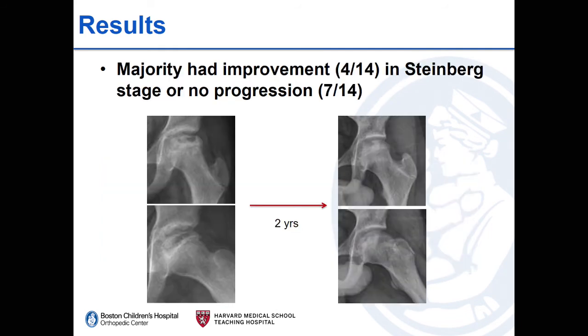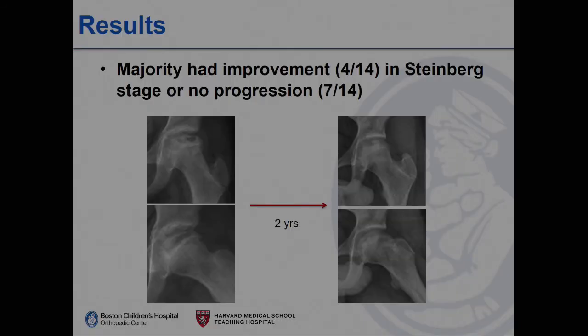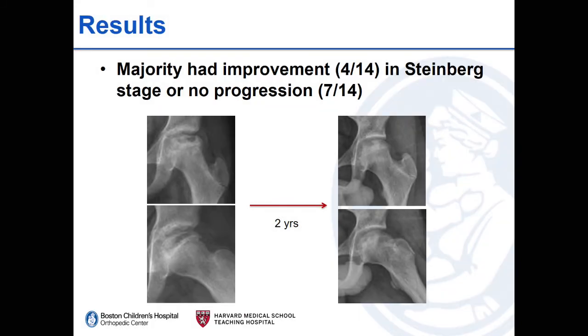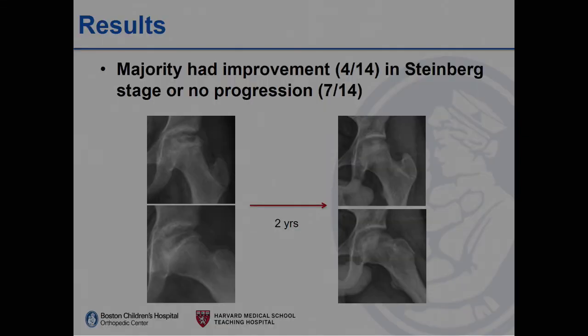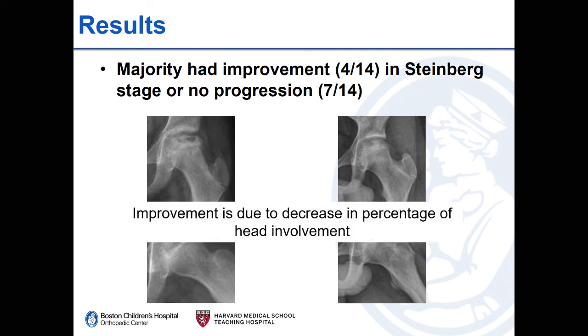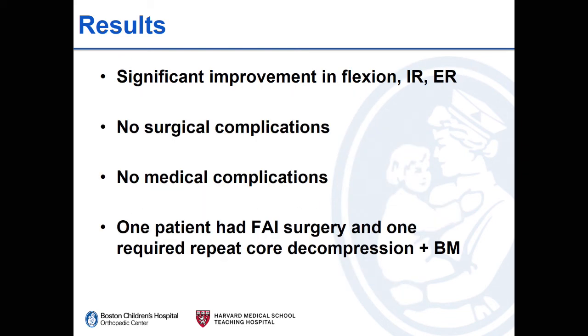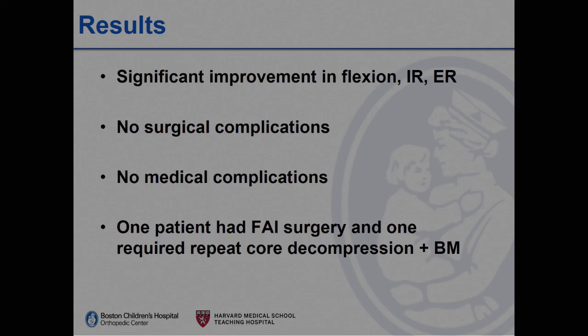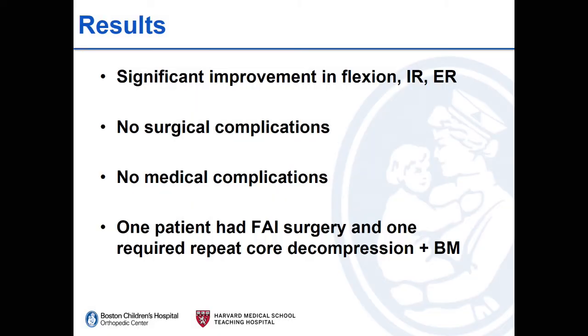However, when we used the Steinberg stage to look at the character of the bone within the head, there was improvement, and this is illustrated in this case where you can see healing of the femoral head on follow-up. Clinically, they did improve their range of motion, both the rotation and flexion.